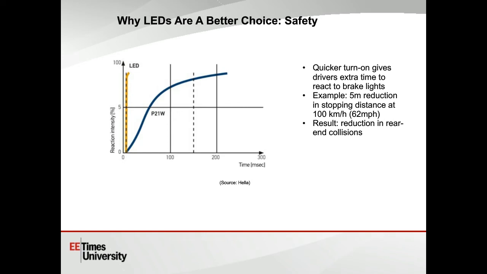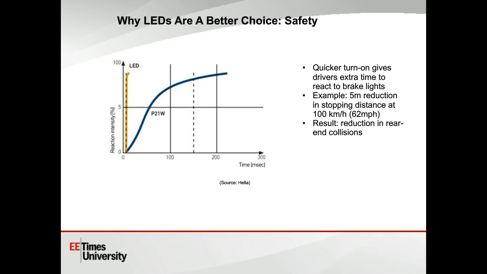Incandescent bulbs, as we all know, take some time to heat up to temperature to emit light, but LEDs turn on a lot quicker, which can actually result in saving lives, because a quicker turn-on time gives drivers a greater amount of time to react to oncoming brake lights, or when the guy in front brakes. You have that extra few milliseconds to respond, and this can translate into real reductions.